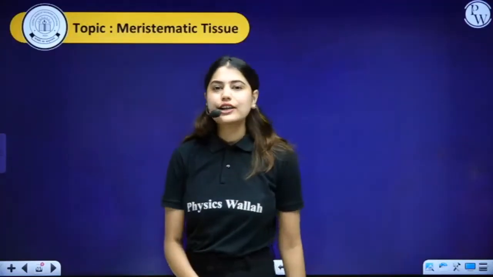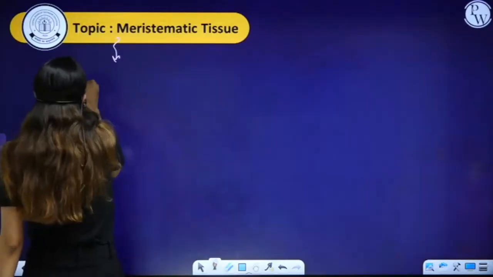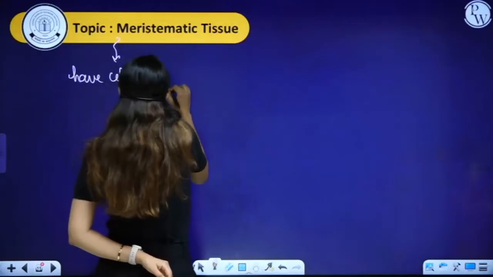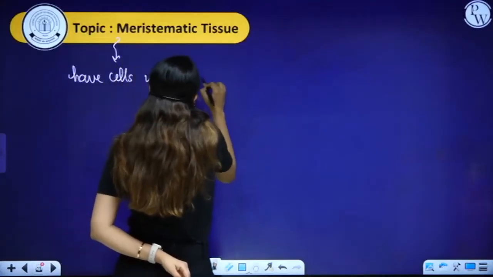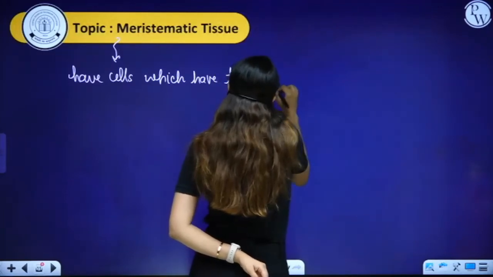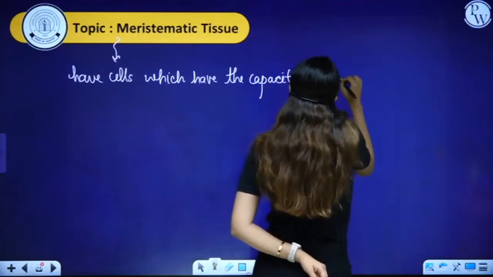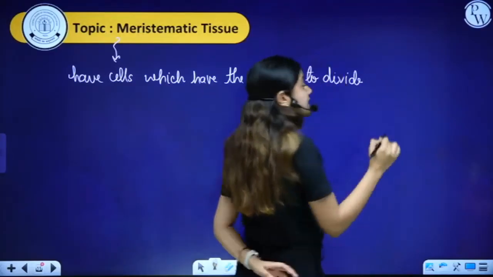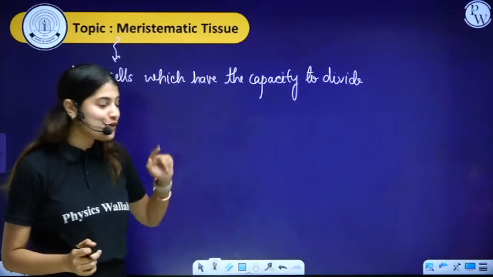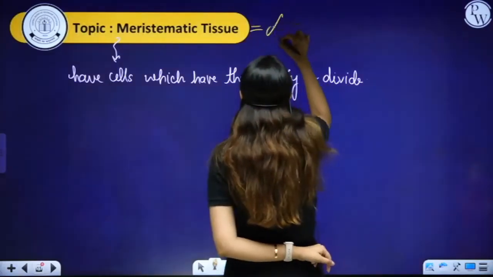So let's get started. We already know that these will have cells which have the capacity to divide. Since these cells of the meristematic tissue can divide, hence the meristematic tissue can also be called the dividing tissue.